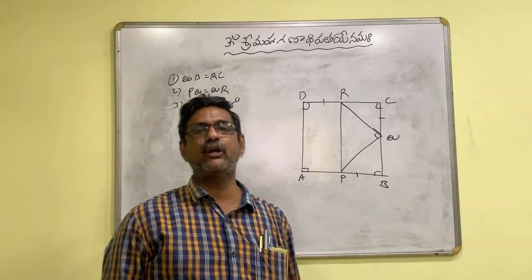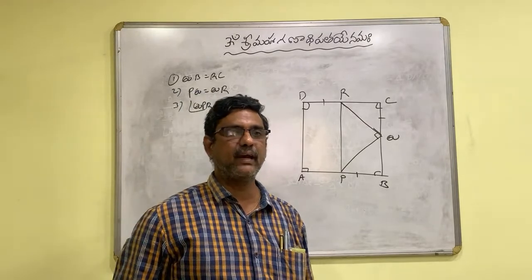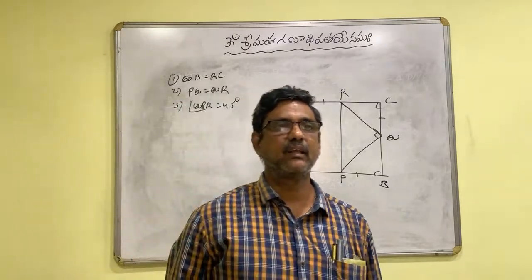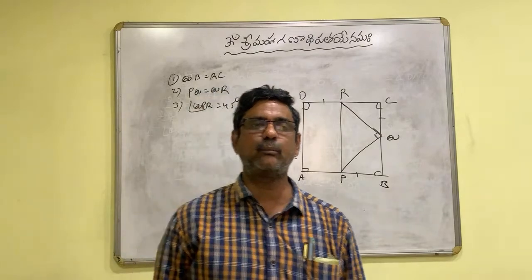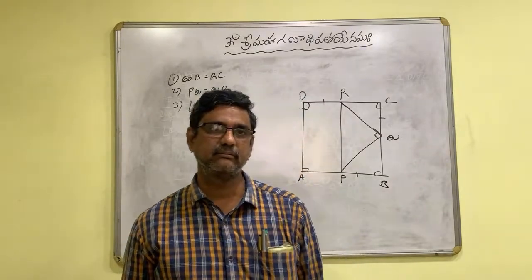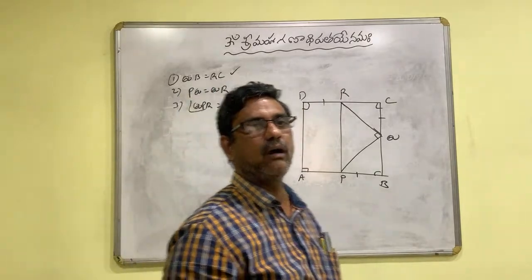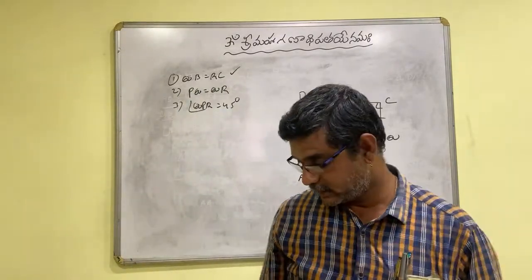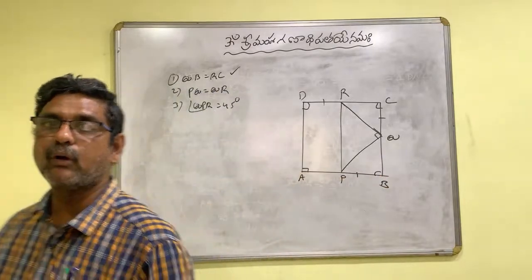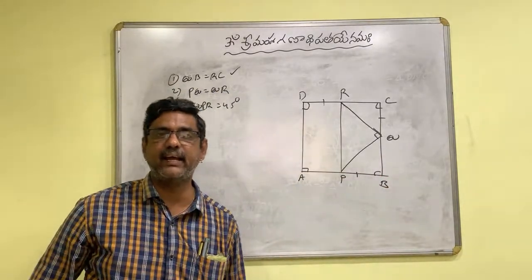See, if PQ is equal to QR, automatically angle QPR is 45 degrees. The second one is done, the third one is automatically over. Now, how to prove the first one, QB is equal to RC? Any idea, children?